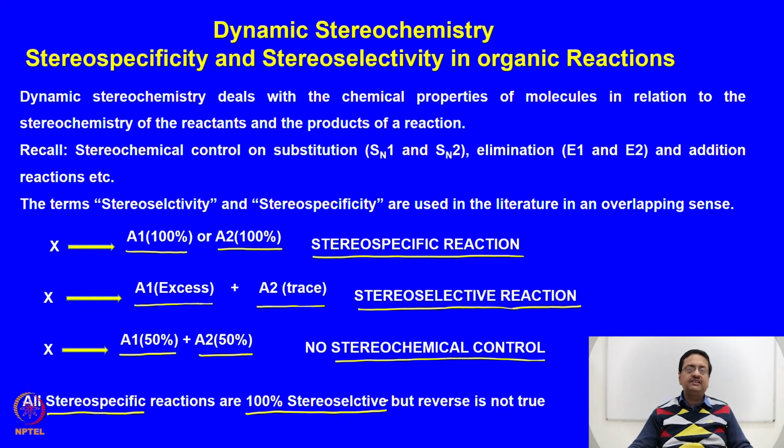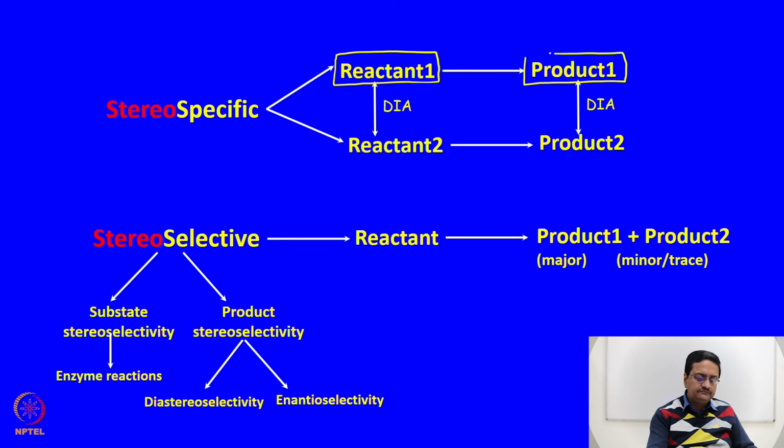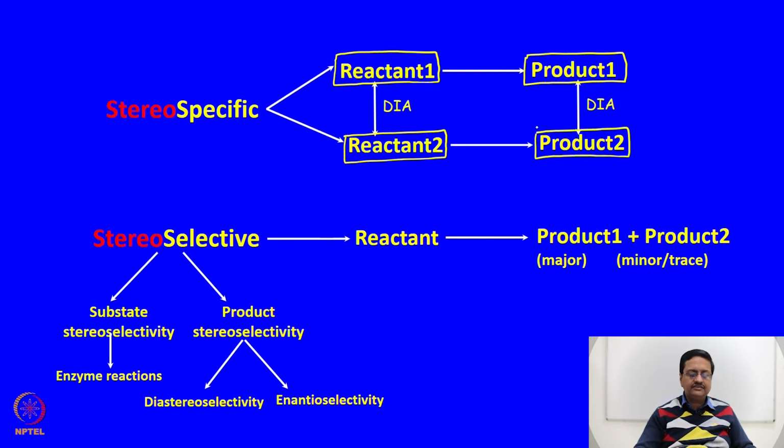To understand the stereospecificity of a reaction, we can consider a particular reactant which is one of two diastereomers, and we carry out a reaction and get a particular product. If we choose the other diastereomer, then in the product of the same reaction we get a different diastereomer.